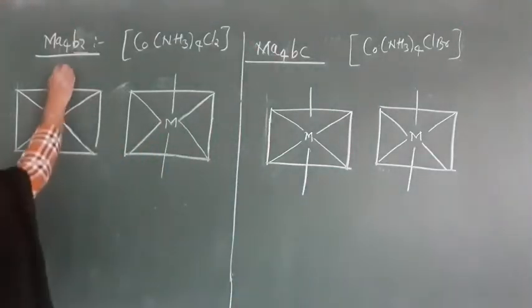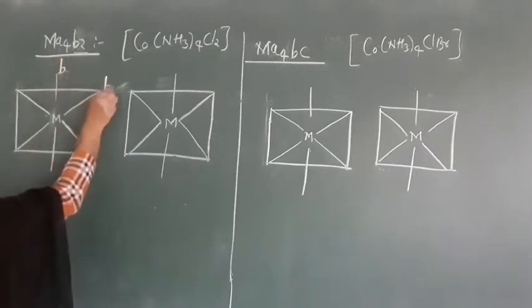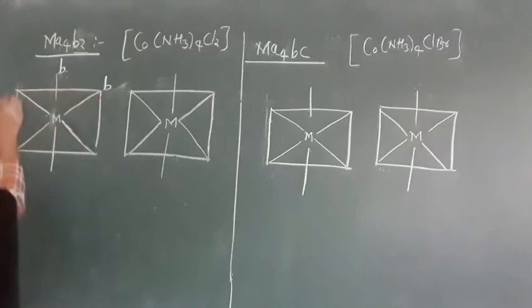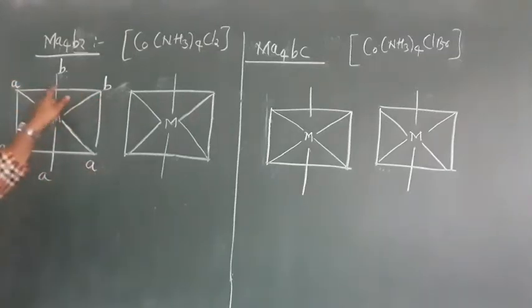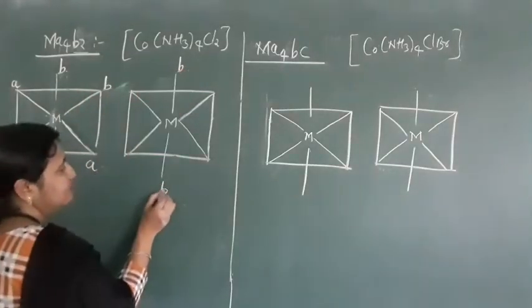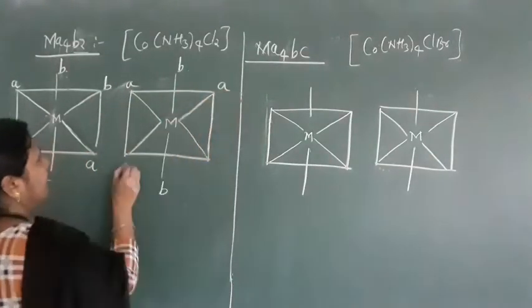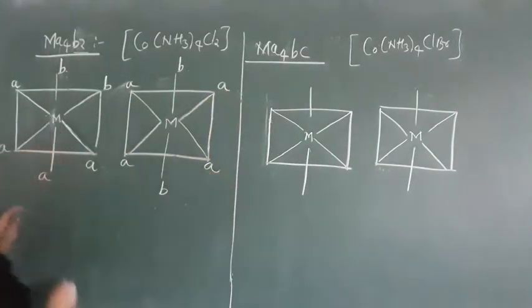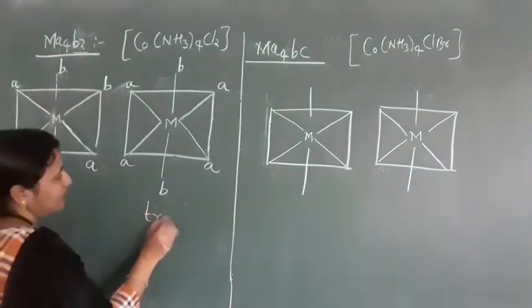Write this B here, and on the cis position the second B. Write the remaining A's here. So this is the cis position. And make the B and B trans to each other, and the remaining A's are like this. So this is called cis, and this is called trans.